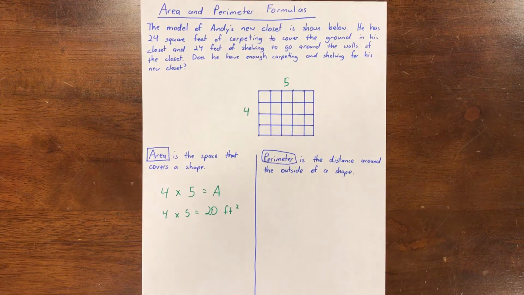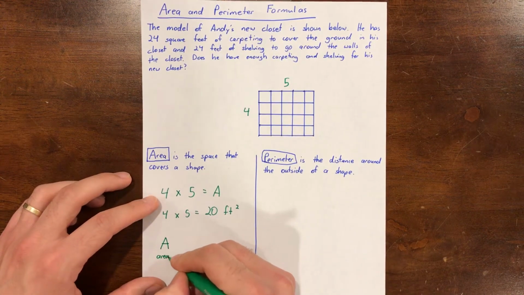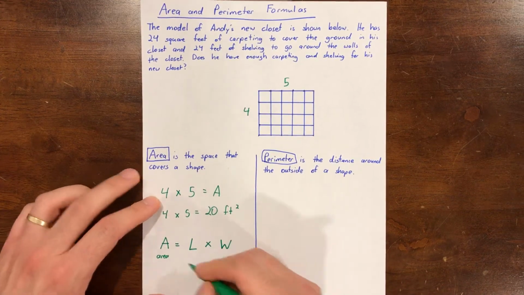Okay, so what could be a formula for finding the area of a rectangle? And why do you think that? Go ahead and say it out loud. Yeah, area equals length times width.